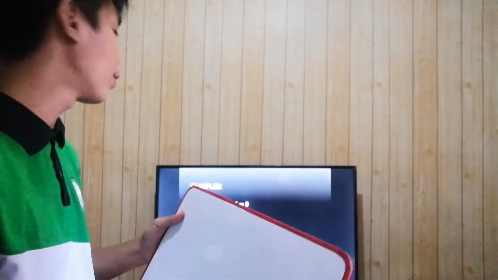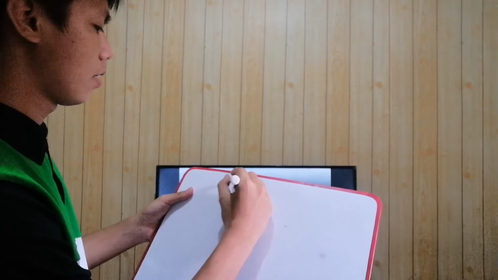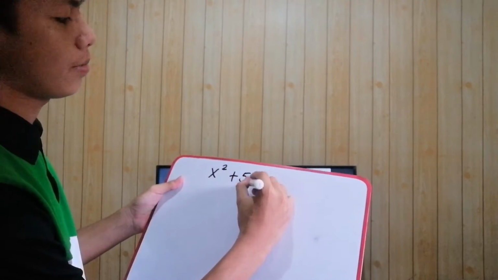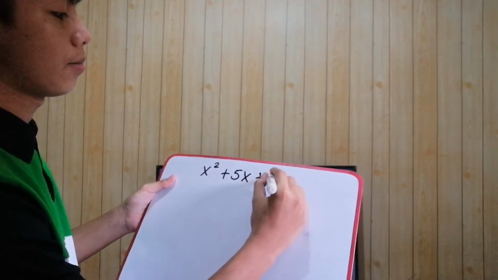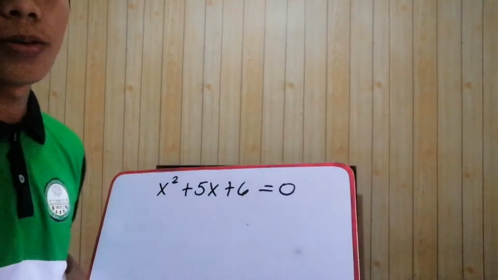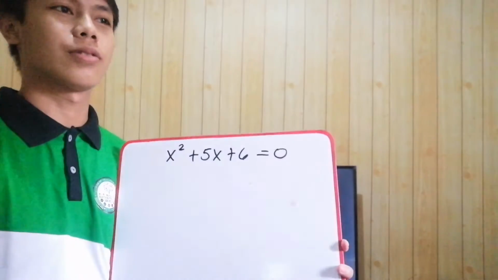Here we go for our first example. Quadratic equation x squared plus 5x plus 6. So, sa part na ito class, trial and error lang tayo dito.